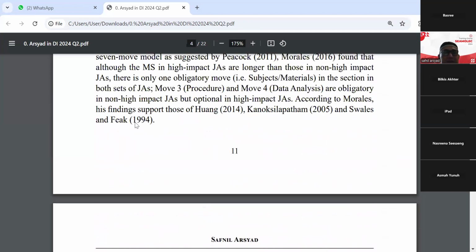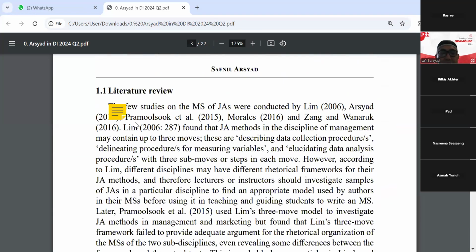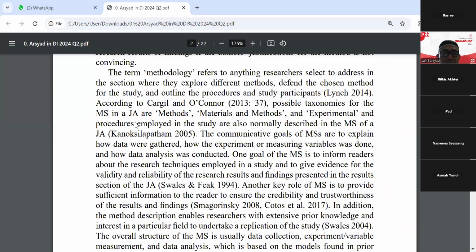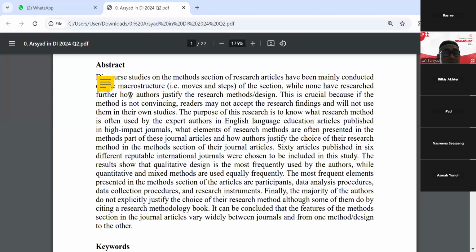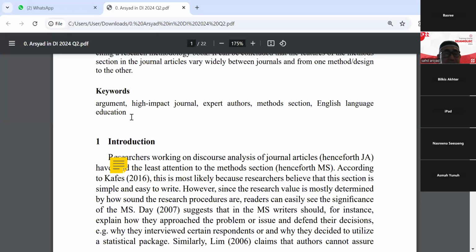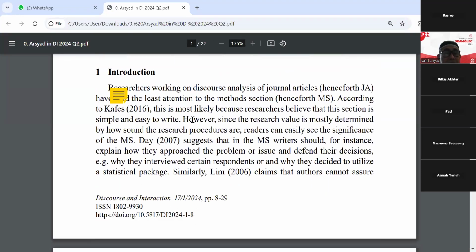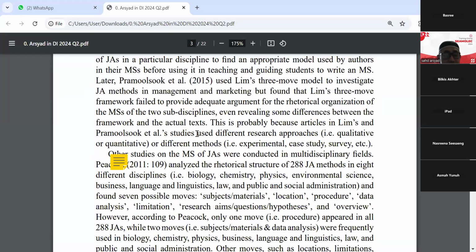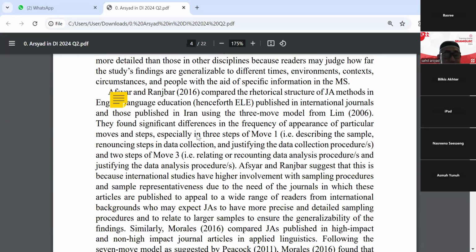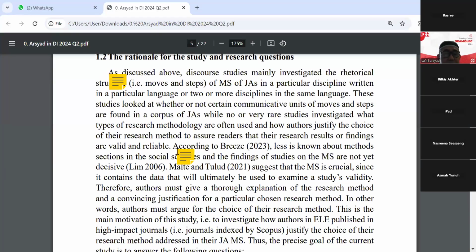So this is just an example of analysis of a research article, from the title, from the abstract, and then the beginning of the research introduction section, and then the literature review, and then the research gap. This is the rationale of the study and the argument for the study.